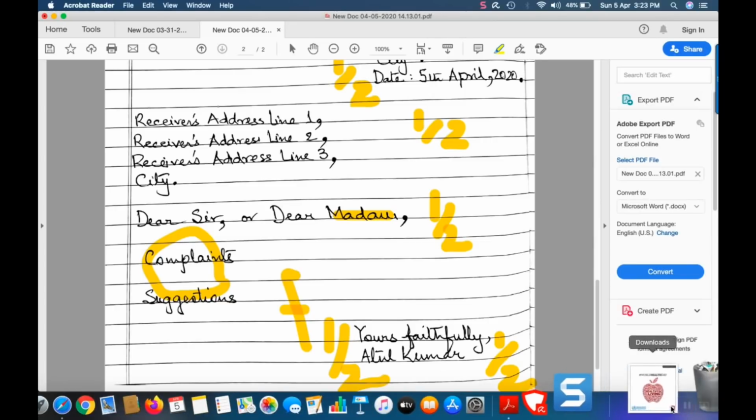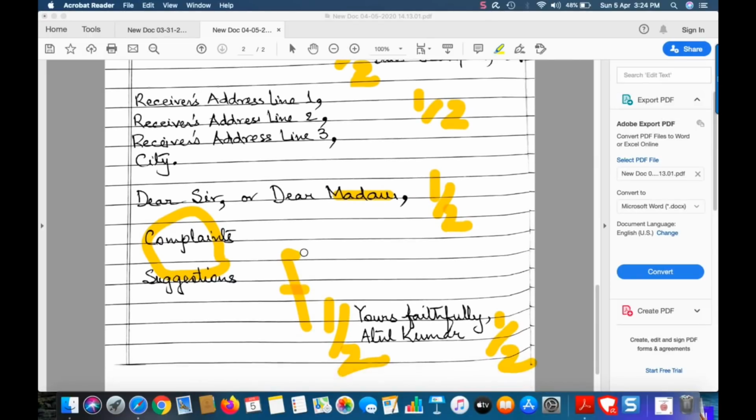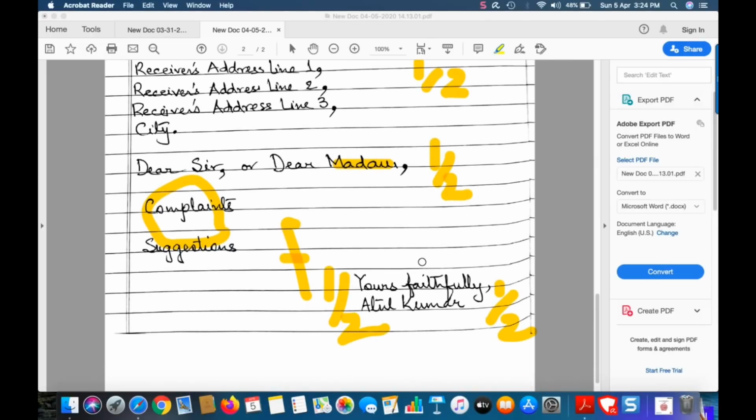Okay, one thing I forgot to mention, I'm so sorry. Like these two, yours faithfully and Atul Kumar, they carry half marks and half marks. But if you lose half marks here, you will not get the half mark of this Atul Kumar. Though you will say it is half plus half, once the first line is wrong, you will not get the marks for the second line even if you have written the name correctly.